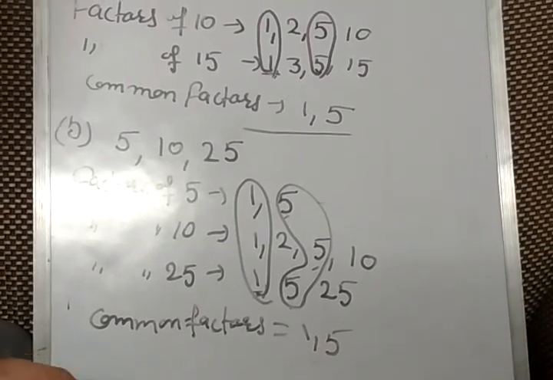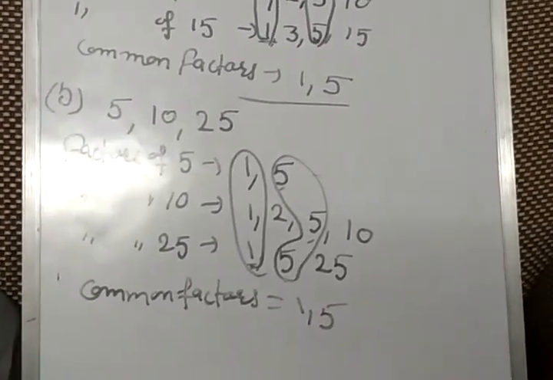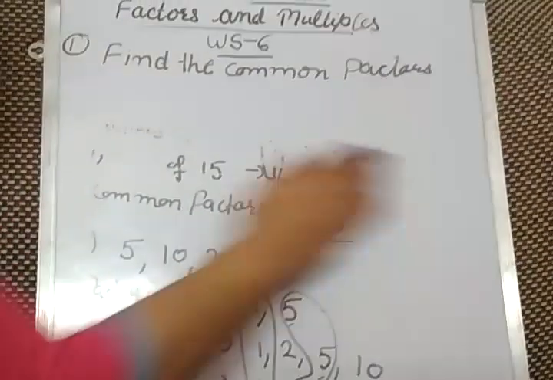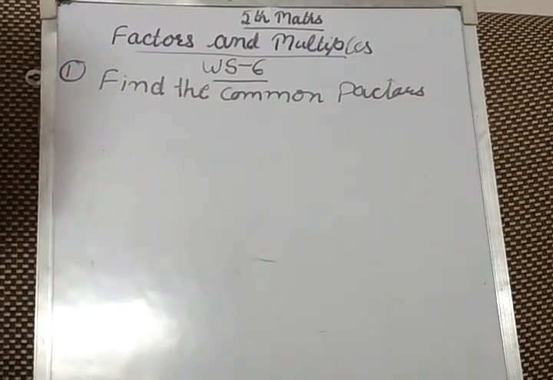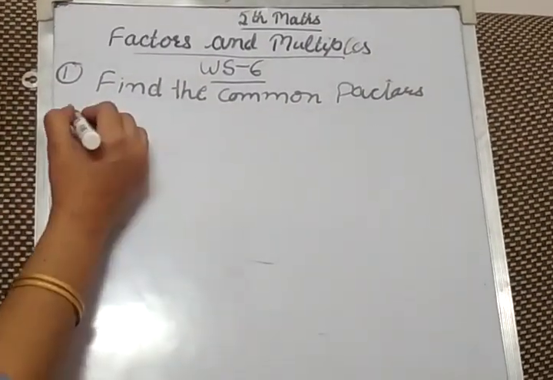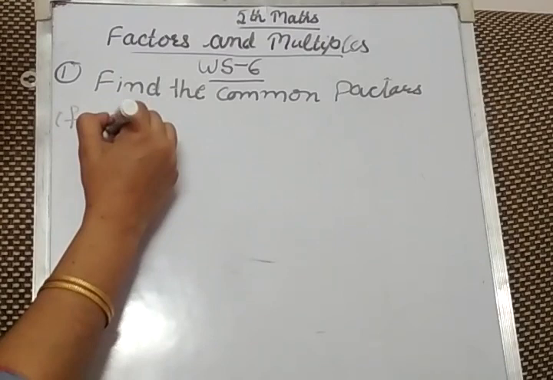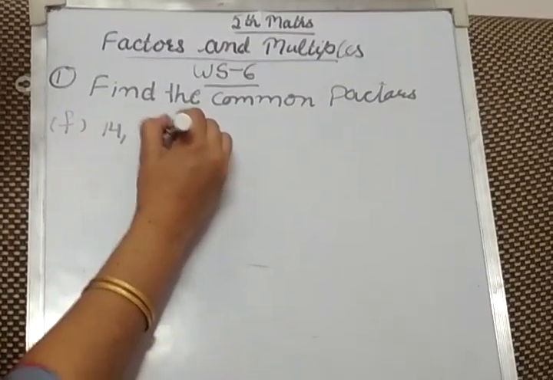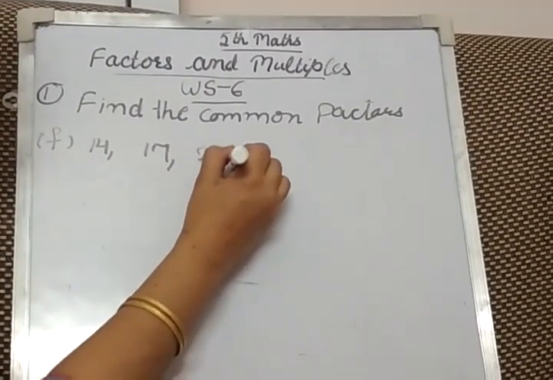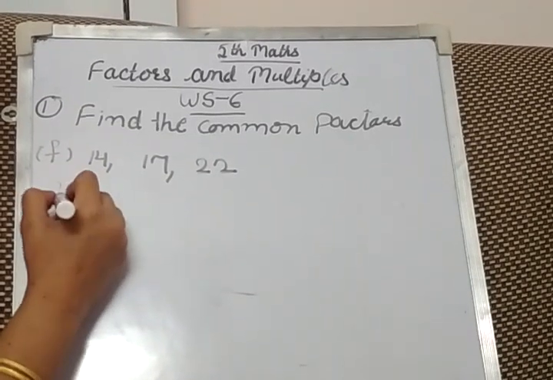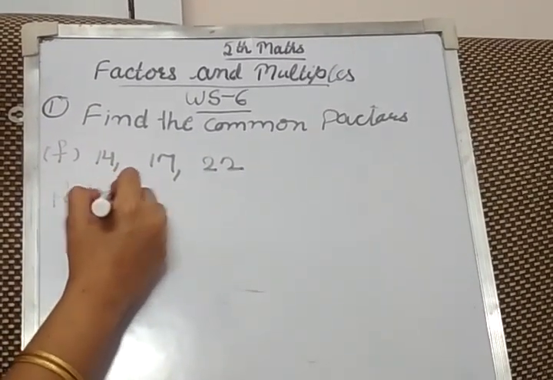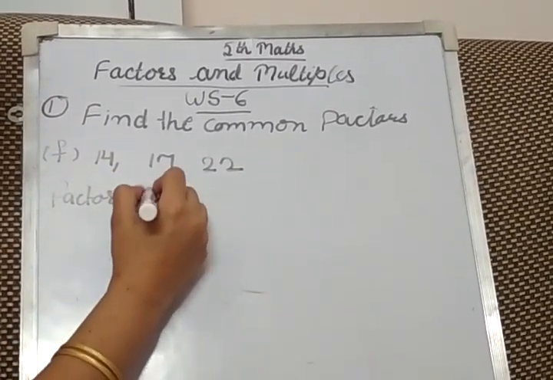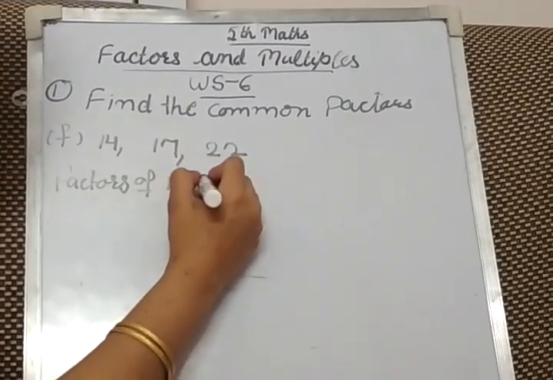And let's see one more part. Last part, the F part, is 14, 17 and 22. Write the factors of 14.